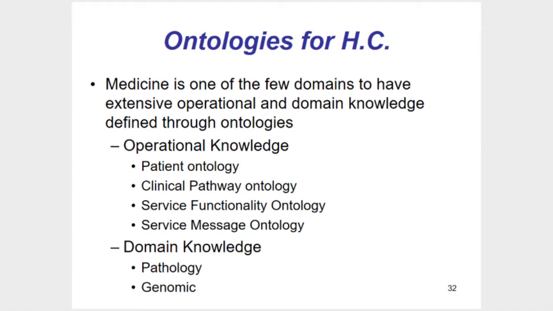But without the top part, which is the operational knowledge, the way we use that knowledge in practice. So imagine you have someone who has a stroke and also diabetes, and he's coming. So you need to learn about both.